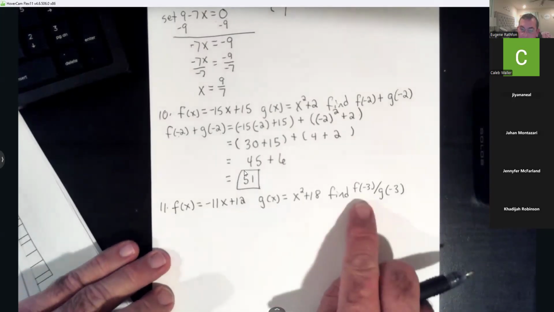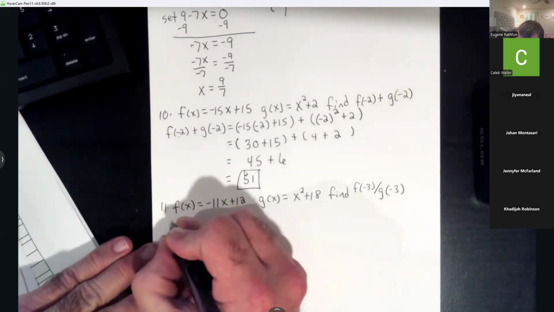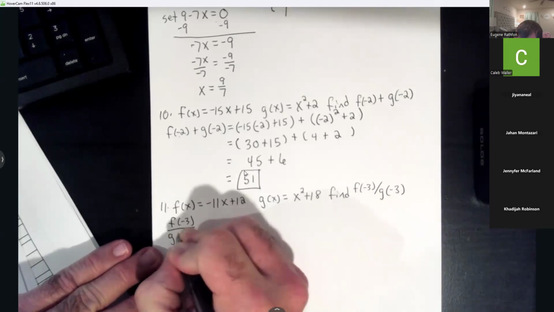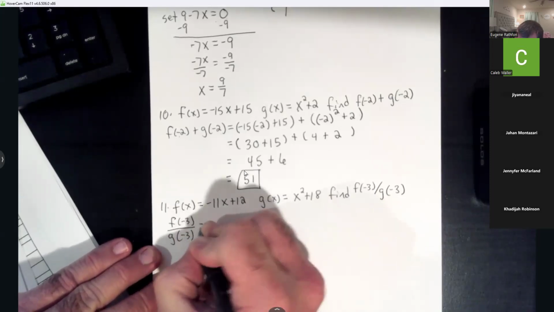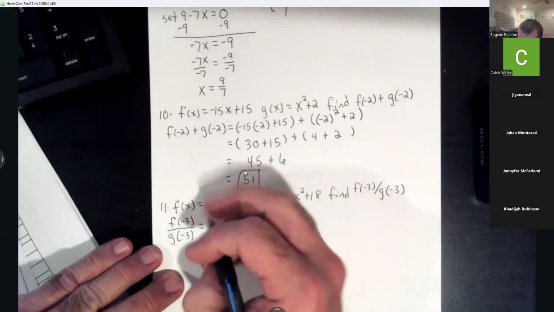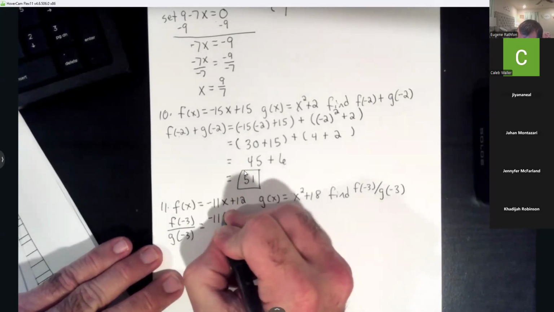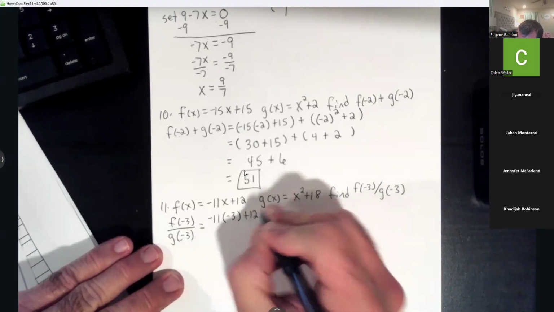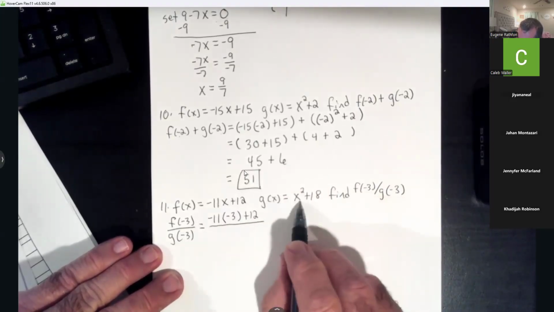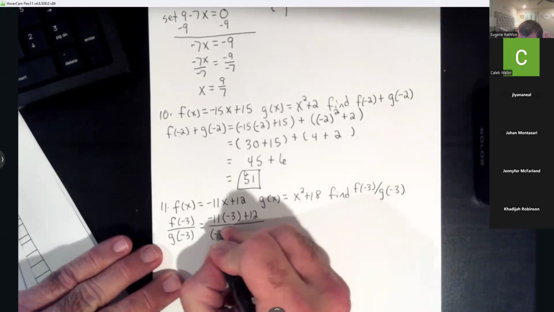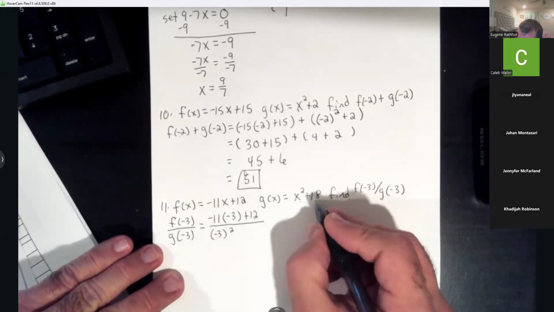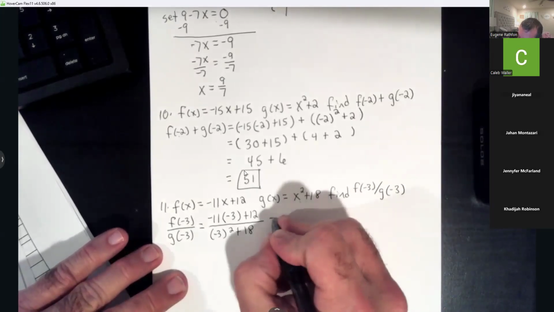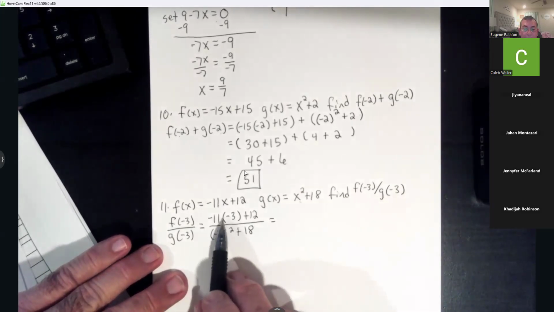All right, so I'm going to make this look like a fraction since it's division. So f of negative 3 divided by my g of negative 3. All right, so f is negative 11 times x, which is negative 3, plus 12. On bottom, g is negative 3 squared plus 18. All right, so I'm going to multiply on top first.